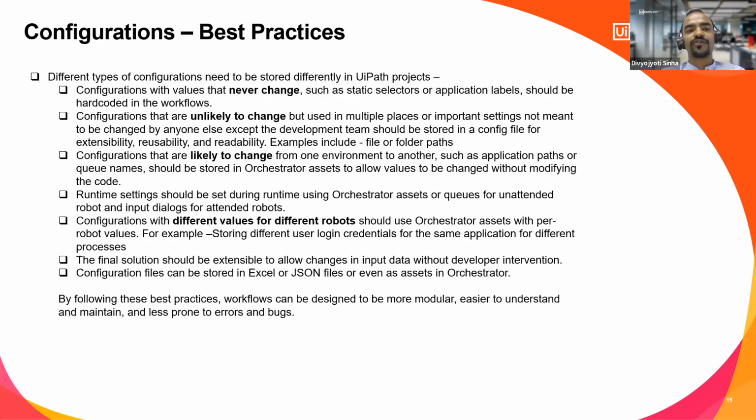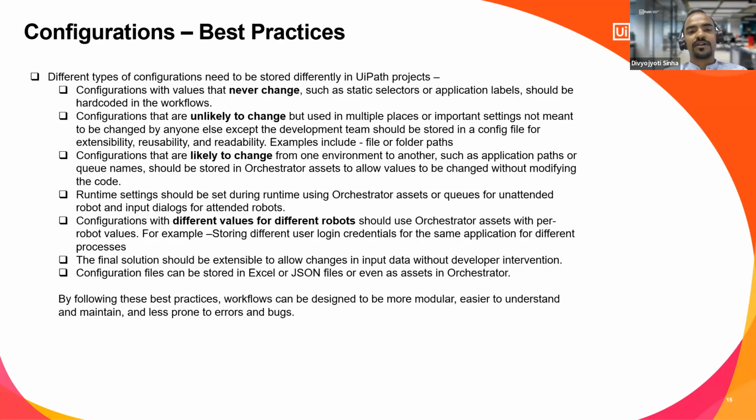Storing of configurations can happen either in an orchestrator asset, in the config file, or inside some kind of JSON file for those particular attributes which are never going to change. So that's what we are stating over there: configurations which never change, such as static selectors or application labels, you can hard code or store in some kind of JSON file in your automation workflow.